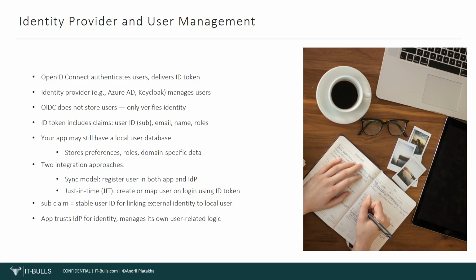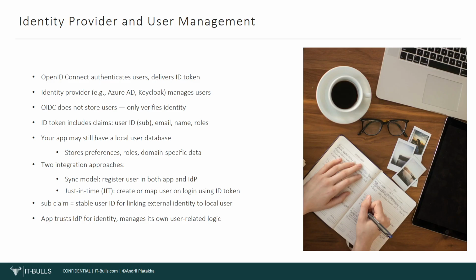The other approach is more reactive. Let the identity provider handle all authentication and then, on successful login, use the information in the ID token, especially the sub claim, to either look up or create a user record in your local database. This record can store whatever additional data your system needs while still trusting the identity information from the identity provider.